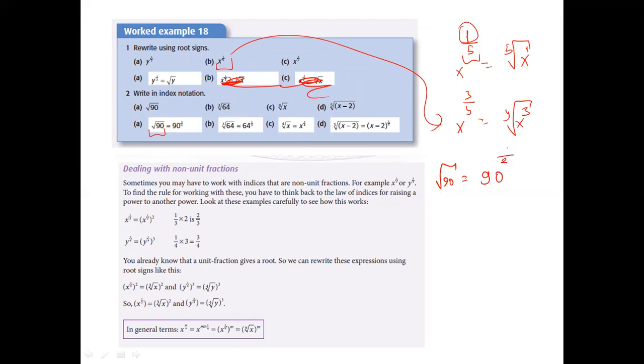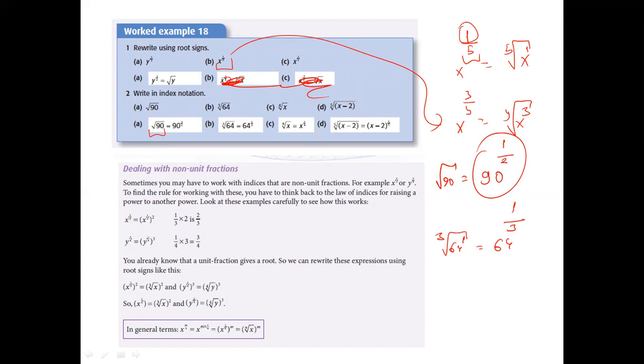The power of 90 is 1. The answer is 90 to the power of 1 over 2. And the cube root of 64: you write 64, and the cube is our denominator, and the power of 64 is 1, so the answer is 64 to the power of 1 over 3.